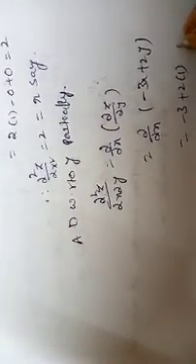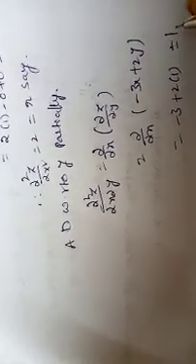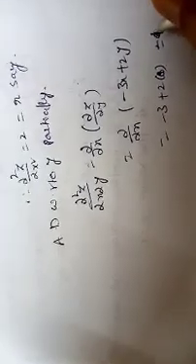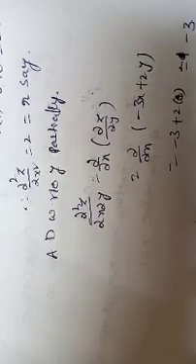So minus 3 into 1 plus 2 into the derivative of y with respect to x, which is 0. Therefore it equals minus 3.